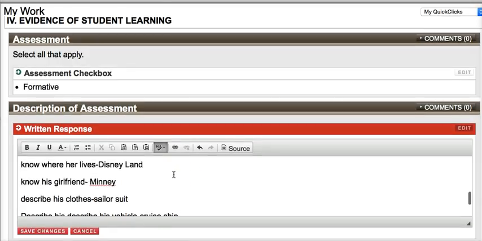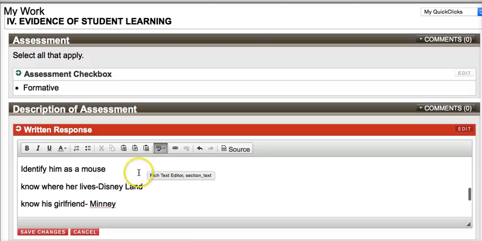His girlfriend is interesting. Where he lives is interesting, but those things were in the story because Disneyland will be his exit port, his de-embarkation point. And they need to identify him as a mouse.